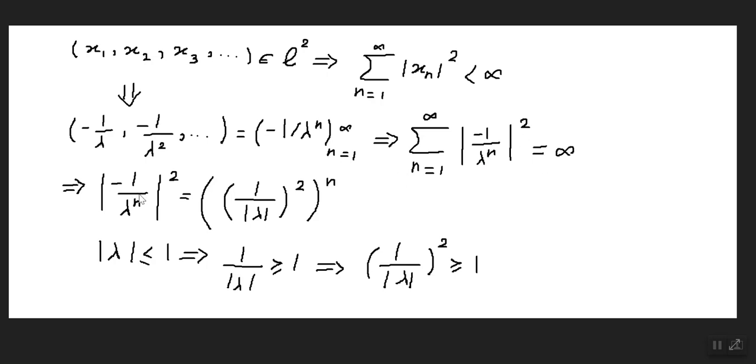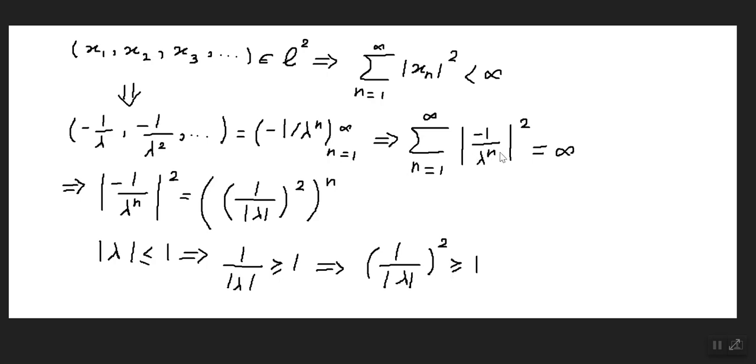Look at here, do you agree with me? A simple calculation shows that this equals this, 1 over the absolute value of lambda squared, to the power of n. And do you remember this lambda is coming from the set gamma, so the absolute value of lambda is less than or equal to 1. So you take the inverse, 1 over the absolute value of lambda is greater than or equal to 1, and this implies that 1 over the absolute value of lambda squared is greater than or equal to 1.